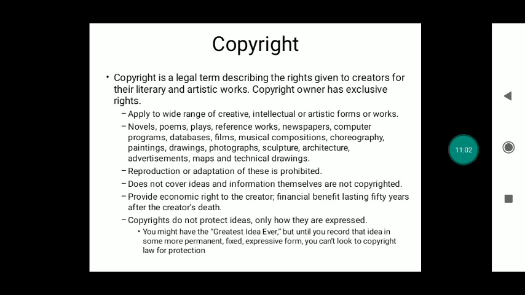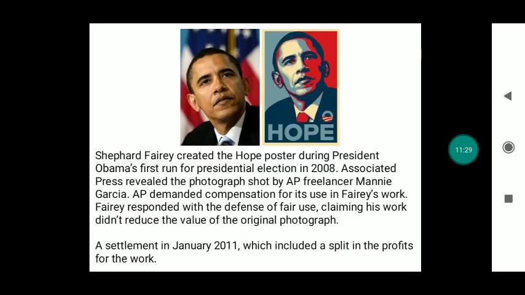Copyright is a legal term describing the rights given to creators for literary or artistic works. The copyright owner has exclusive rights applying to a wide range of creative, intellectual, artistic forms or works. Novels, reproduction or adaptation of these things is prohibited. Copyright does not protect ideas, only how they are expressed.